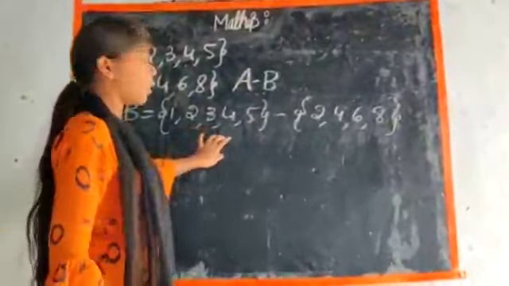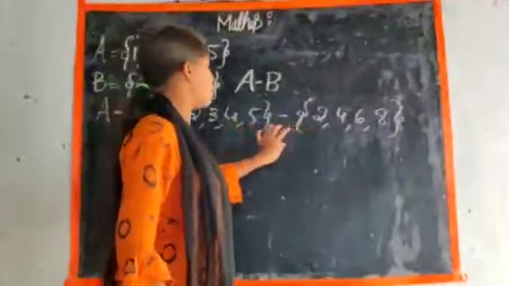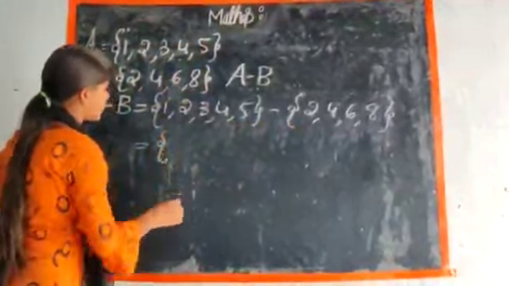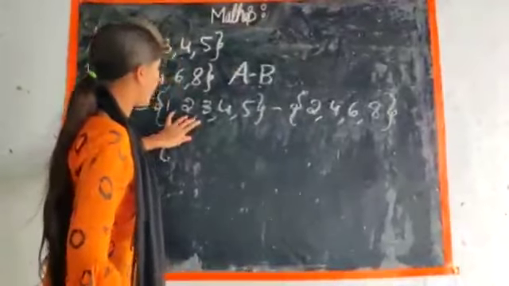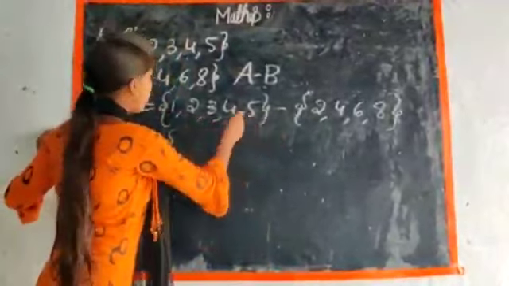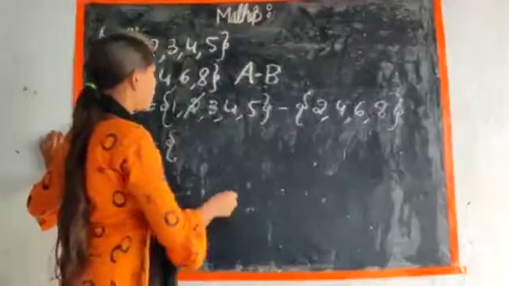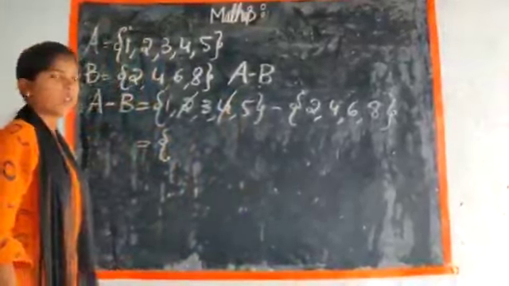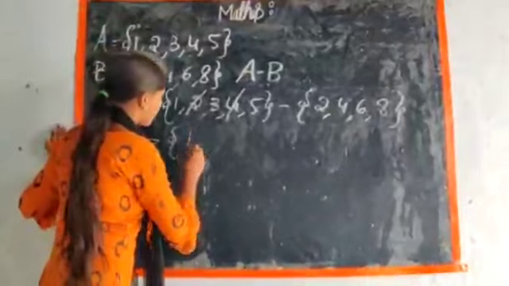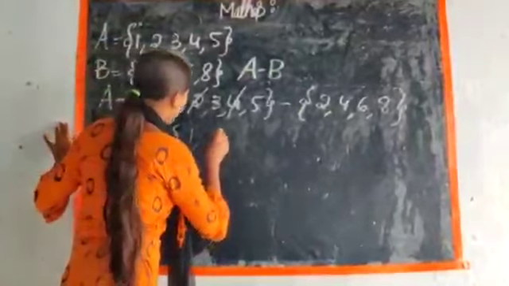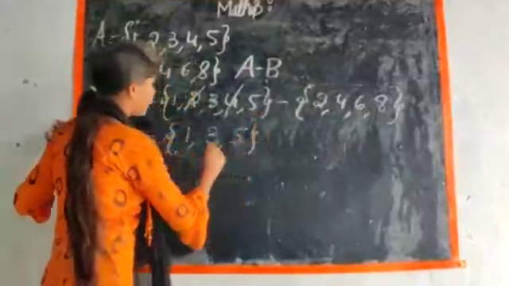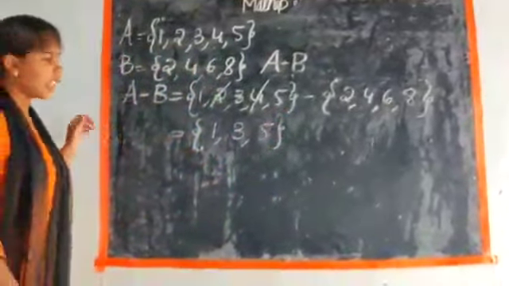We should not write the common elements of these two sets. 2 is there in both sets, so we don't write 2, and 4 is there in both sets, so we don't write 4. The elements required after cancelling them are 1, 3, 5.